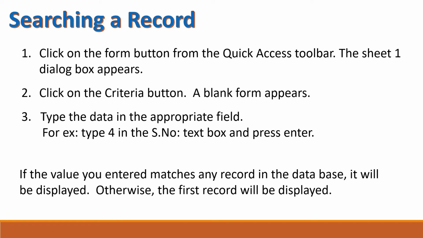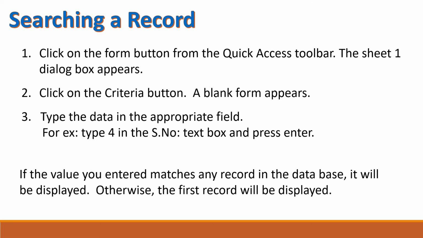So if the value what you have entered in the text box is matched or correct, then automatically that record will be displayed. Suppose whatever value you have typed is not matched with the record from the database, automatically the first record will be displayed.